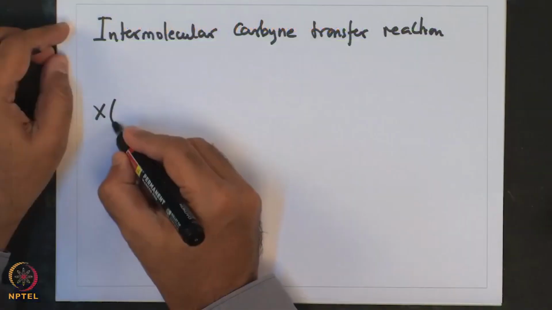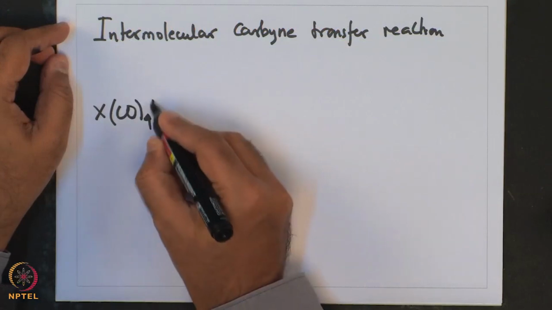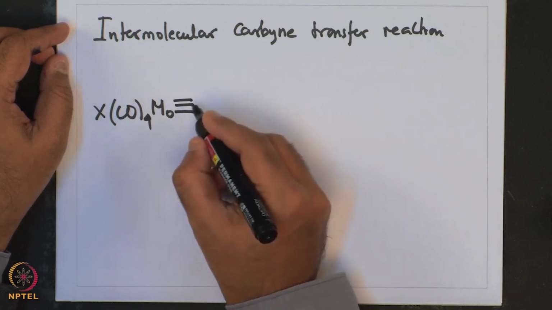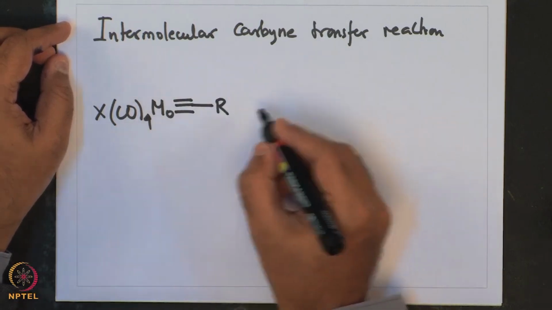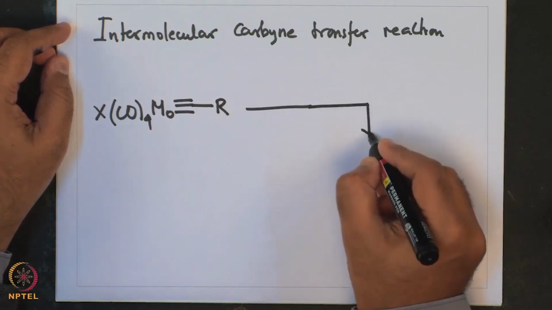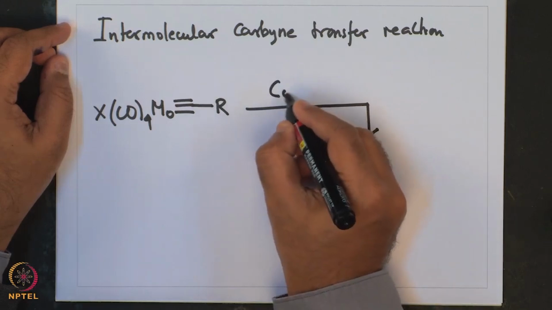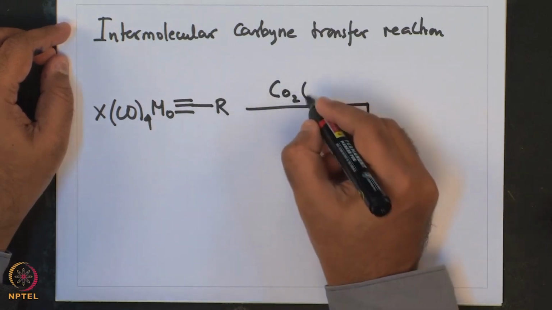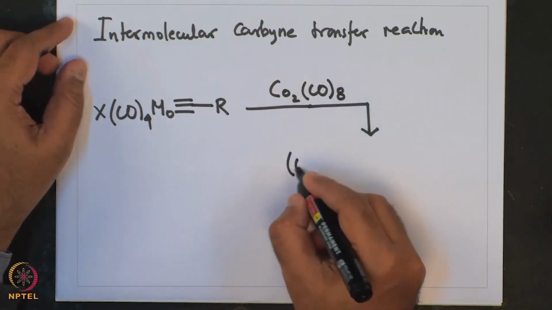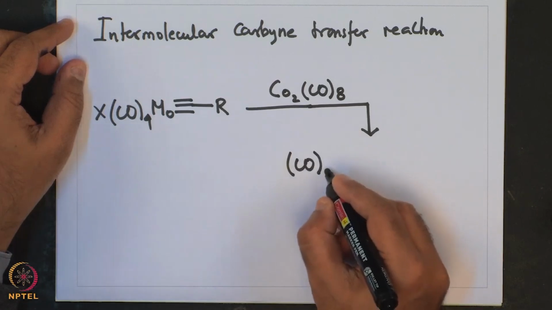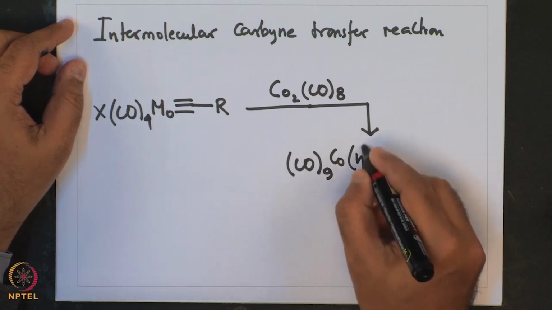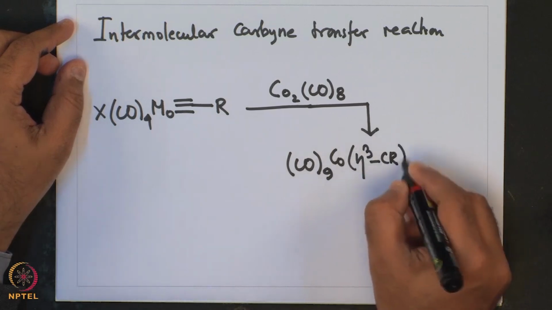and this is for the complex X(CO)4 molybdenum or chromium carbyne moiety, when treated with dicobalt octacarbonyl, gives Co3(CO)9(eta 3-CR).